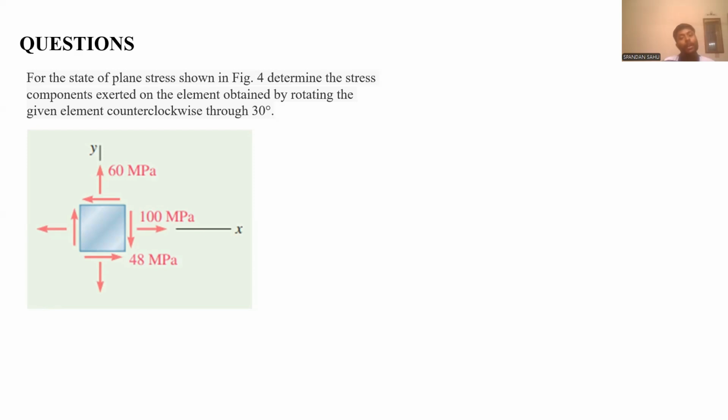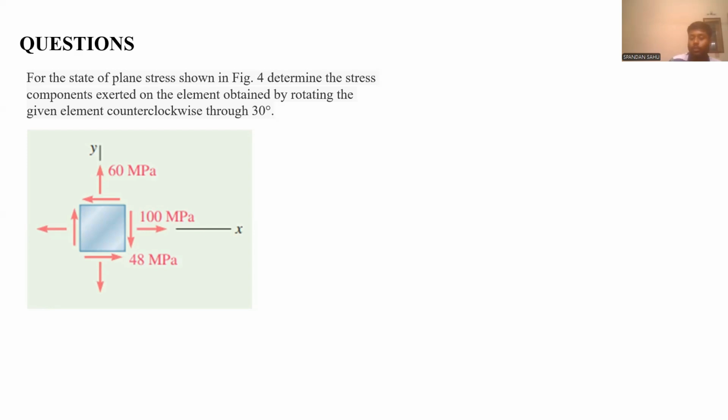You have to find sigma x, sigma y and tau xy when this element is rotated 30° anti-clockwise.